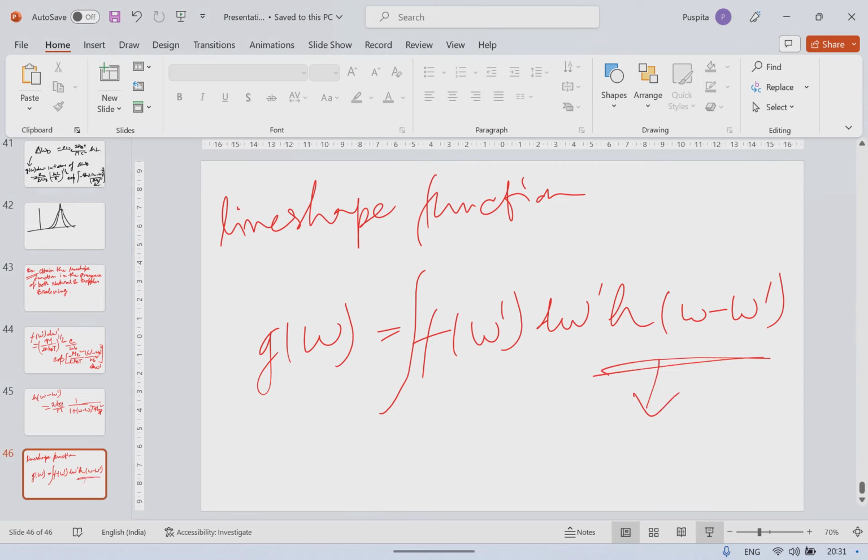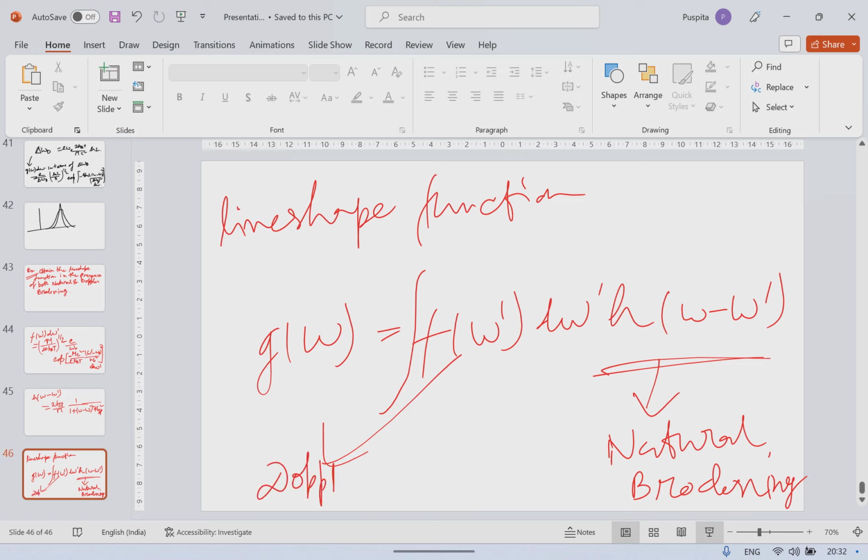This corresponds to natural broadening, and this Maxwell distribution comes from Doppler broadening.